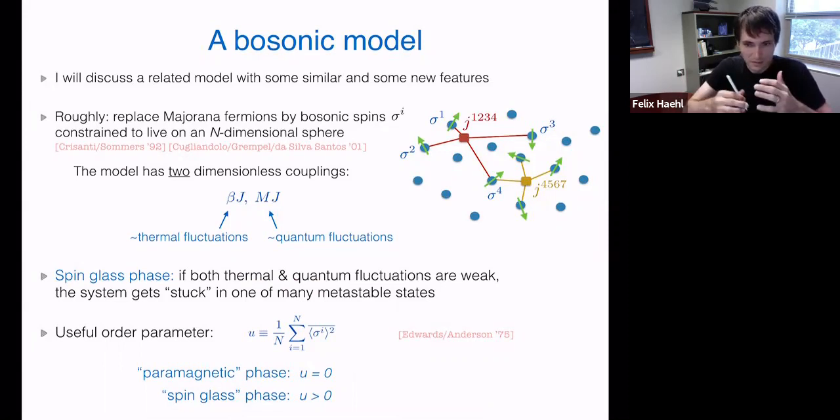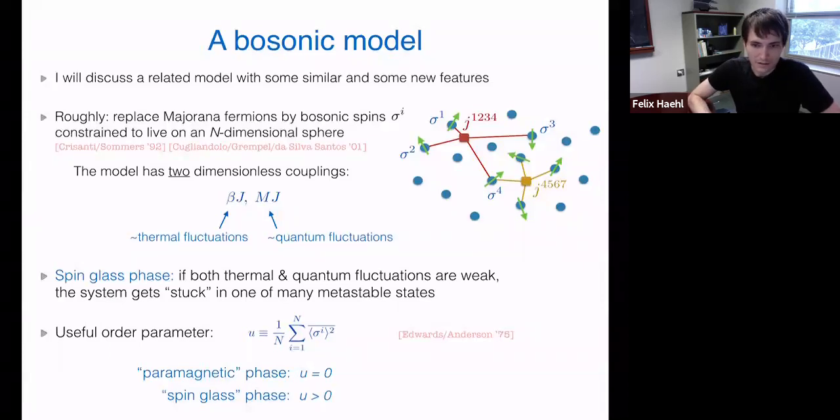So the system has many metastable states, and it takes a long time to move around between them. So the system loses ergodicity, and the accessible states become uncorrelated, and random matrix theory predictions fail, and so on. So this seems like a very complicated state of affairs, and of course it is. But certain mean field methods have been developed that allow us to make progress and to understand some crucial features of this phase.